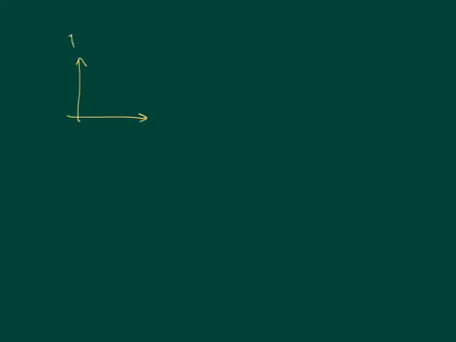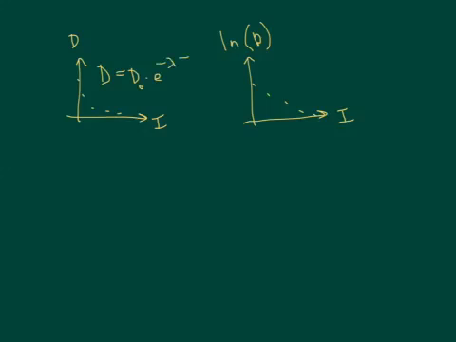So you can take your original data, turn it into a semilog graph using natural log of d, and if that makes a straight line, positive or negative slope, then you instantly know your variables, d and n, are related by an exponential function like that.